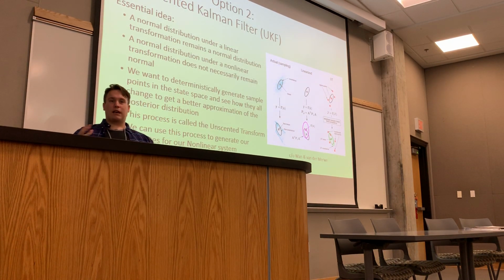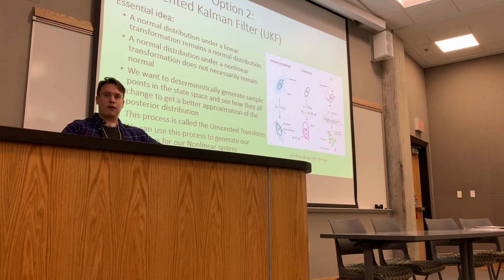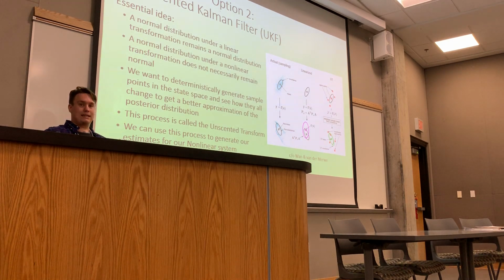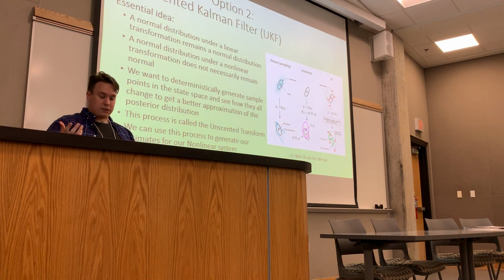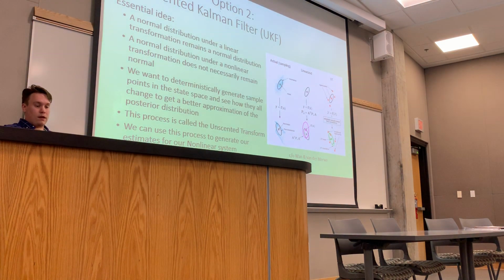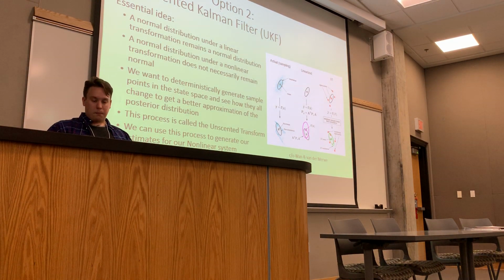And that should hopefully give us a better idea of what this posterior distribution is going to look like. And we're still going to approximate it as normal, but we should have a better idea of how that new distribution looks. And we can use this process that's called the unscented transformation, or the unscented transform, to generate estimates for the nonlinear system fully without doing any kind of simplifications on that end.